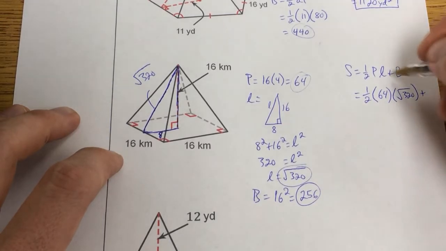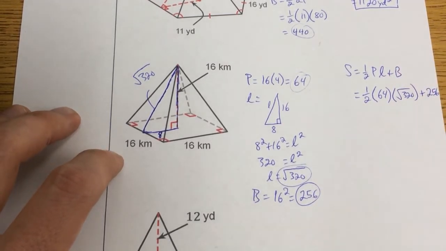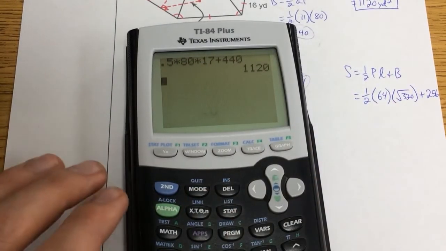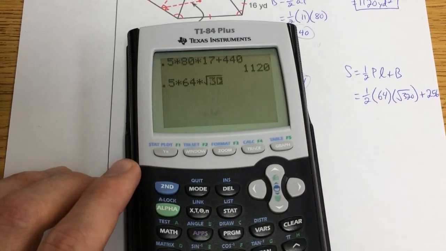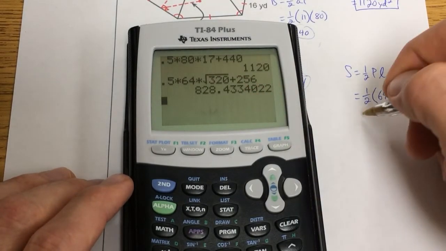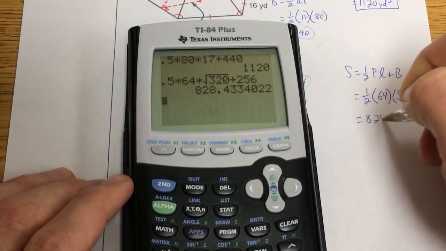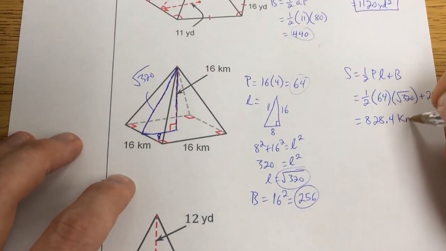Don't make the mistake of multiplying. Plus 256. All right, so I have 1/2 times 64 times the square root of 320 plus 256, and I get 828, rounded to 828.4, nearest tenth, and they are kilometers squared.